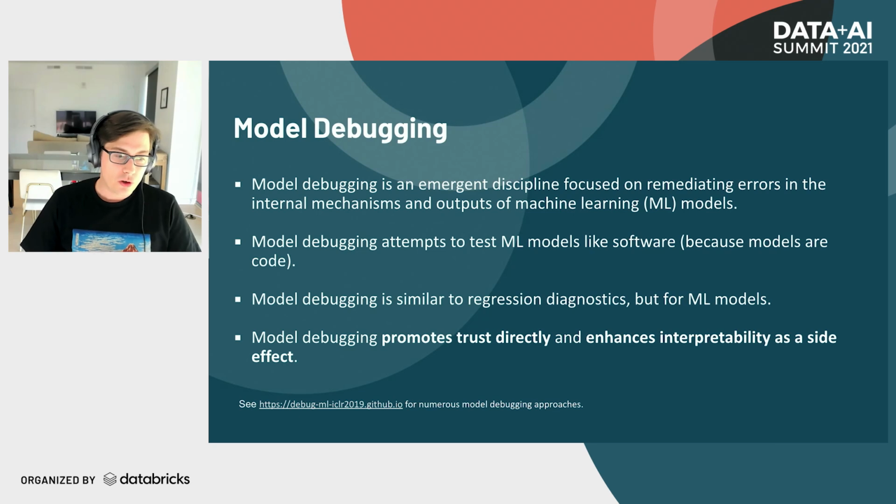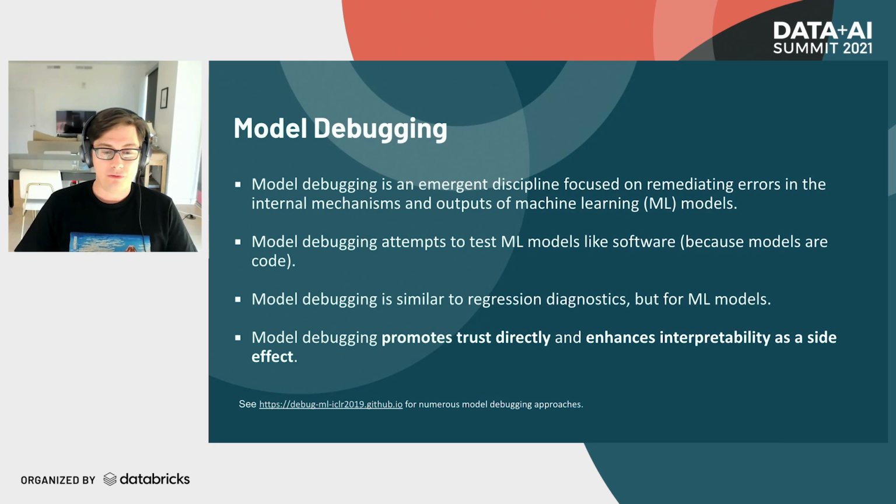And the core goal of model debugging is to promote trust in models, right? I want to say that this model is fully tested from a software perspective and from a mathematics or machine learning perspective. And when I do that, I should promote trust within my own organization, for my customers, and for the general public.